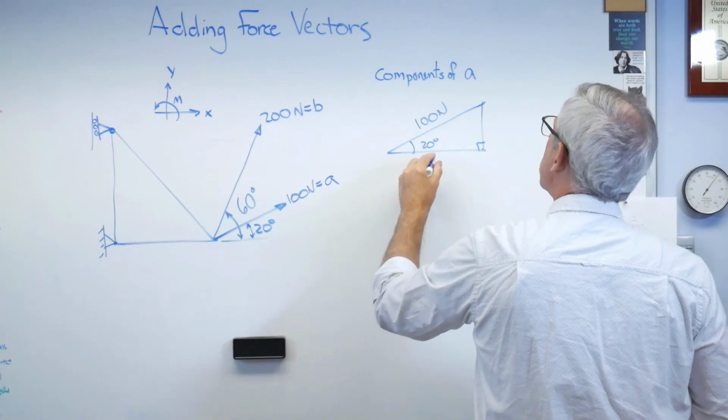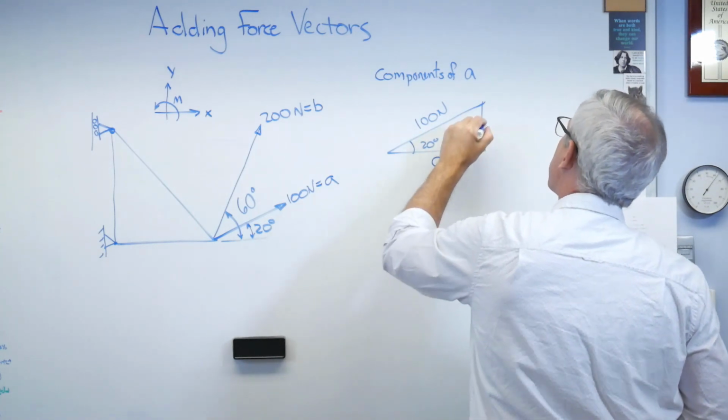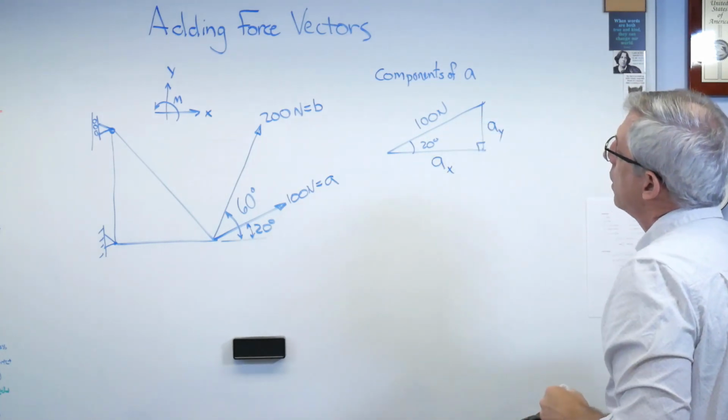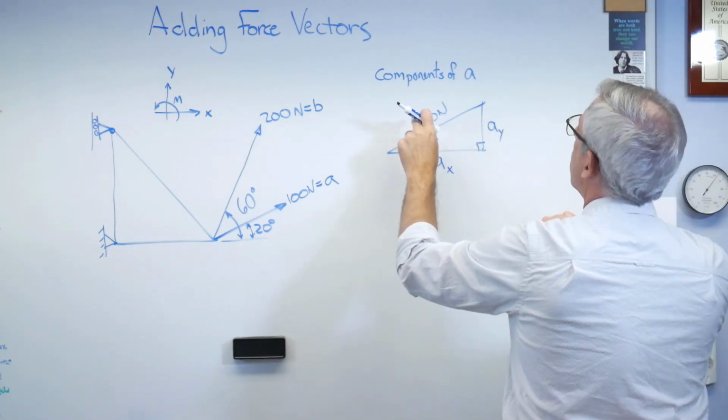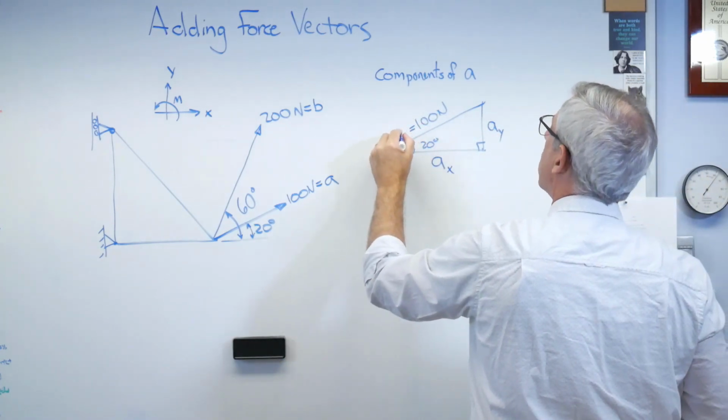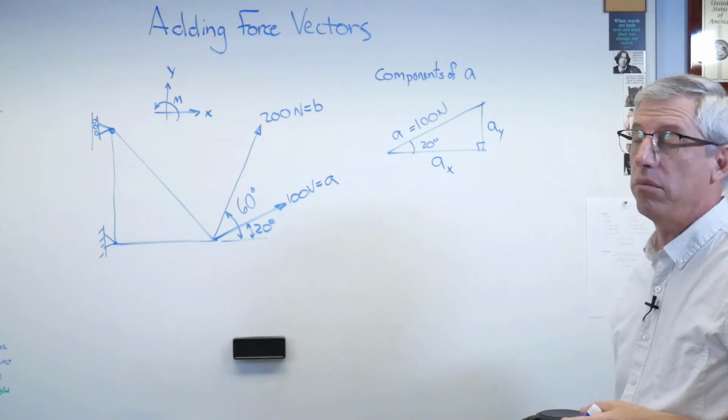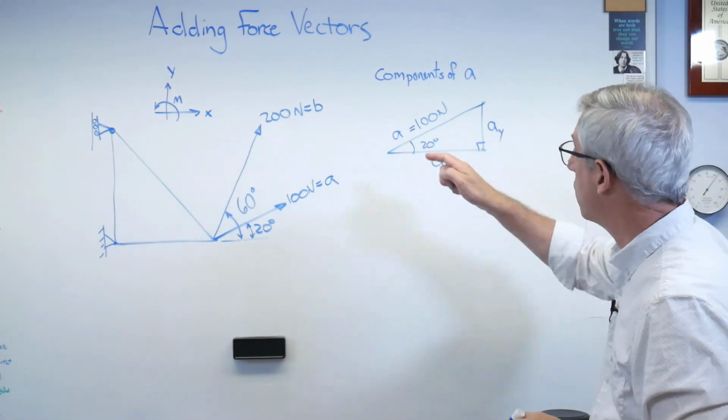So there's that. I'll call that A sub x and A sub y. Well, looks like A sub y over A must be sine of that angle right there.